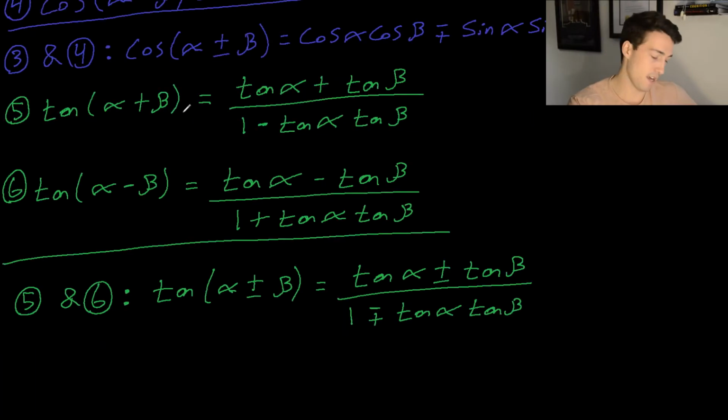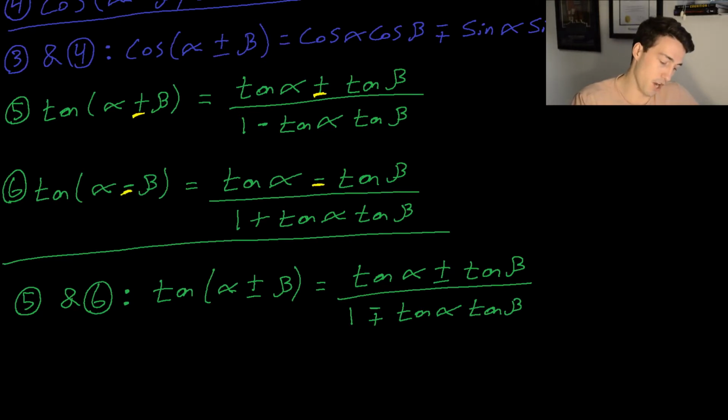And lastly, we have the tan. We have an addition formula for tan and a subtraction formula for tan. So this is tan alpha plus tan beta, and this plus corresponds to this plus. When we write out the compact form, including both the subtraction and addition formula, we'll have tan of alpha plus or minus beta is equal to tan alpha plus or minus tan beta, because again, this plus here matches that plus, and this subtraction here matches that subtraction.